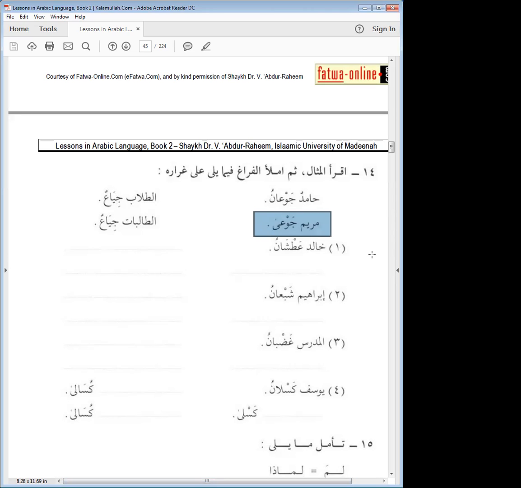For example, Khadijatu Atasha. No noon there, right? But we have the alif maksura with the small alif above. So we have two beats, right? Khadijatu Atasha. If you look at the plural, you would say At-Tullabu.